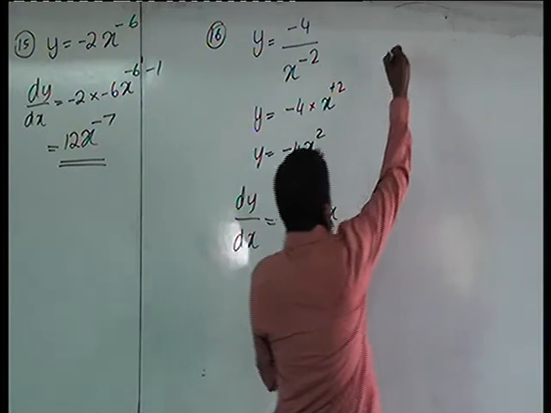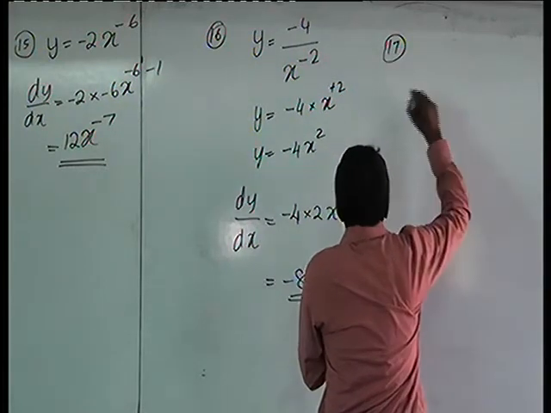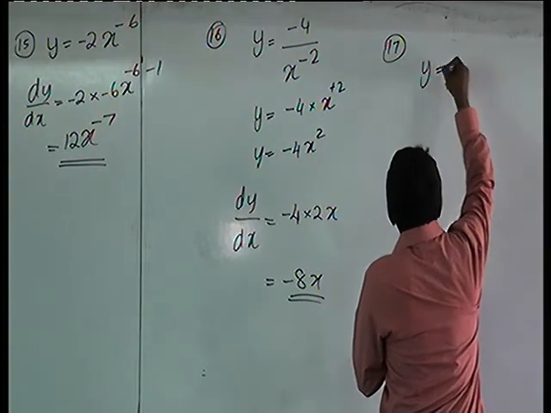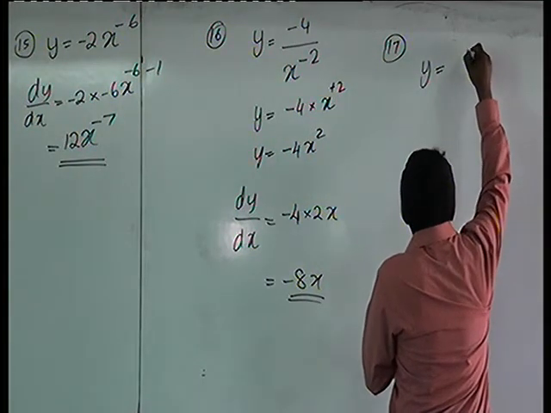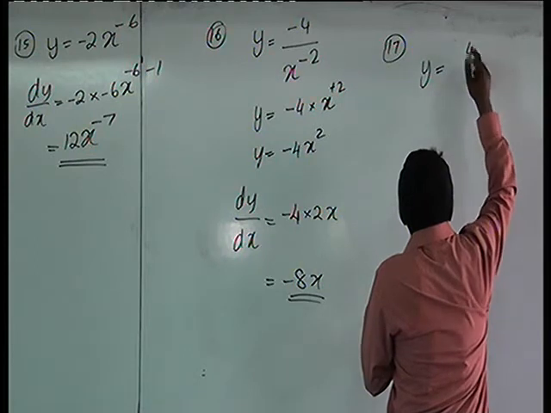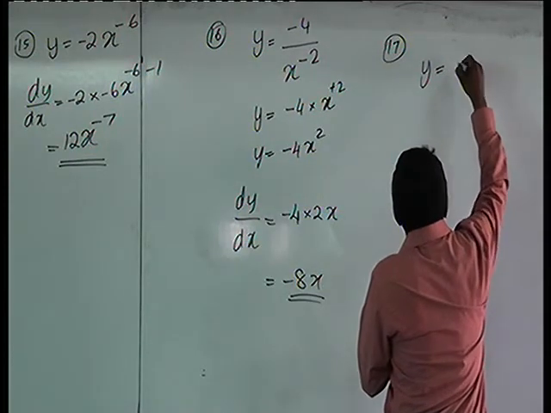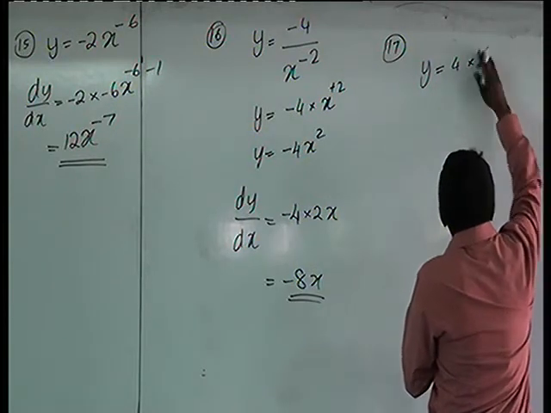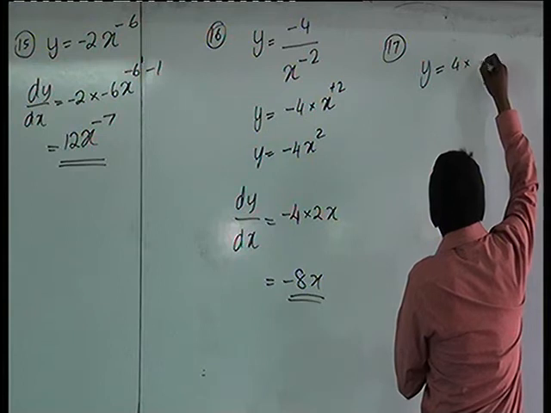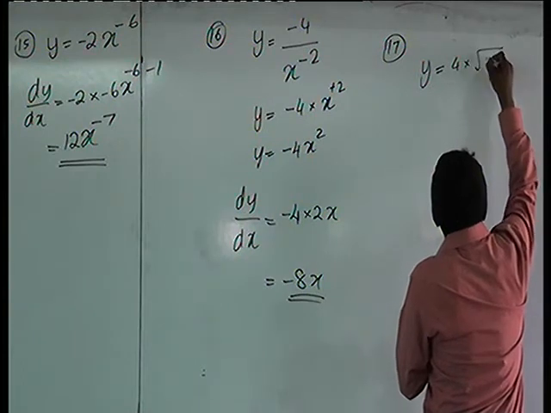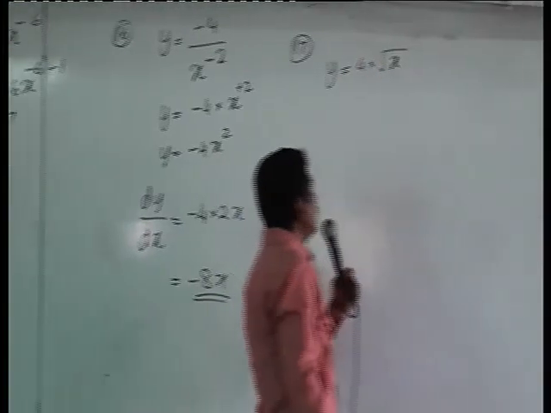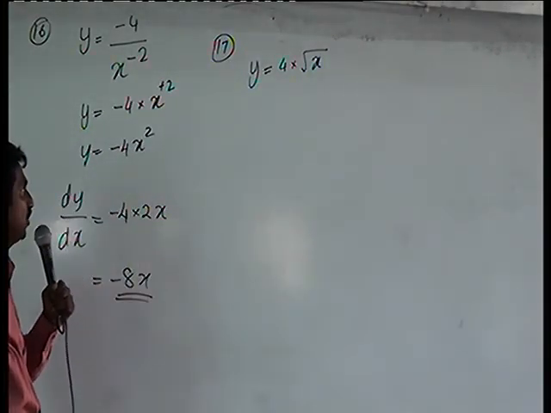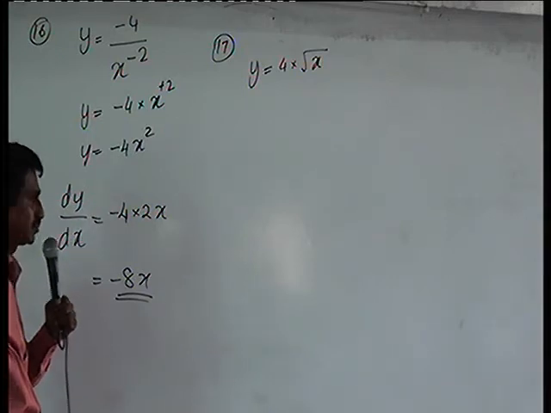Question number 17. This one, 4 into square root of x. y is equal to 4 into square root of x.